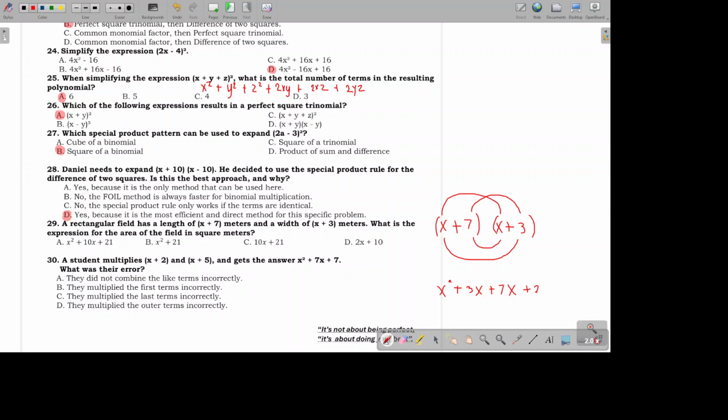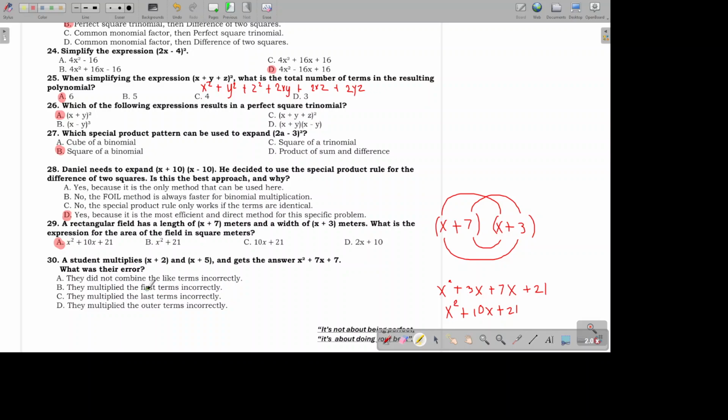Then we combine like terms. We can only combine 3x and 7x because they are the only ones with the same variable and the same exponents. So 3x plus 7x is 10x. Then the plus 21. So the answer is x squared plus 10x plus 21, which is letter A.